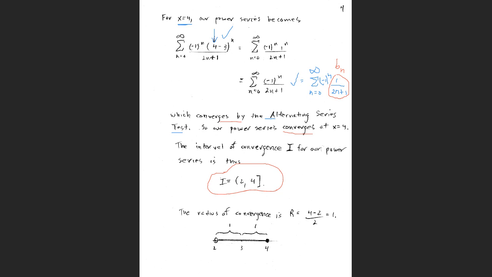And the radius of convergence would be equal to 1, because the length of our interval is 2, half of 2 is 1.